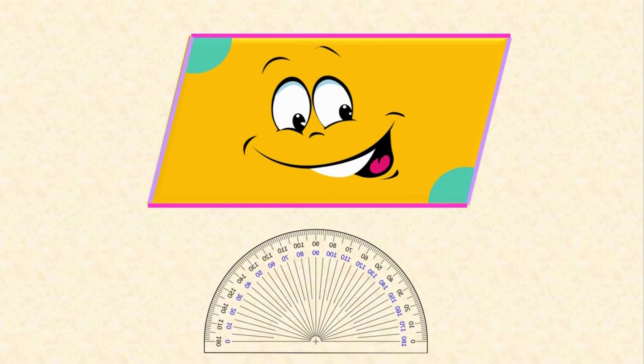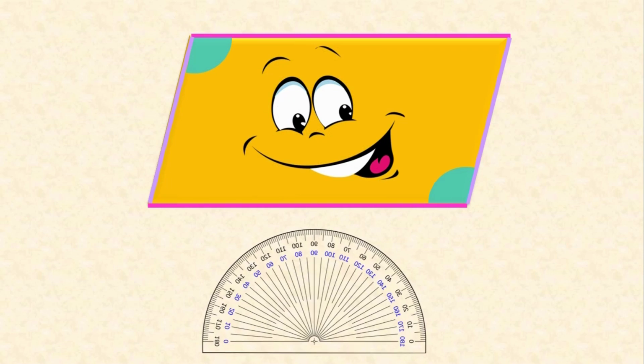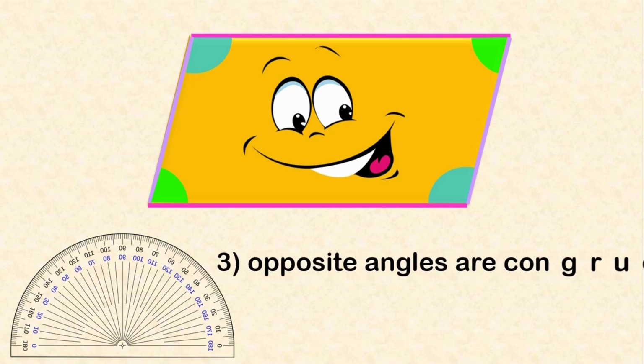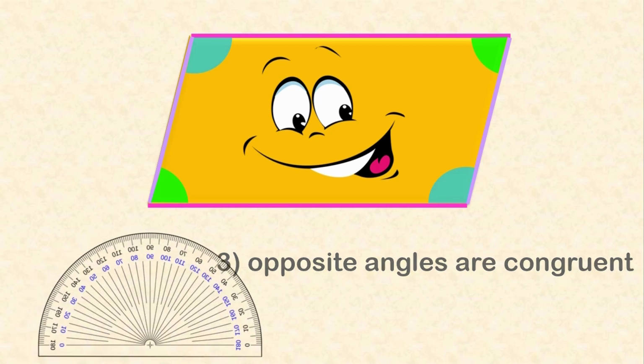And it applies to the other 2 angles shown by green color. So, opposite angles of a parallelogram are congruent or equal. Now we found out that opposite angles and sides of a parallelogram are equal.